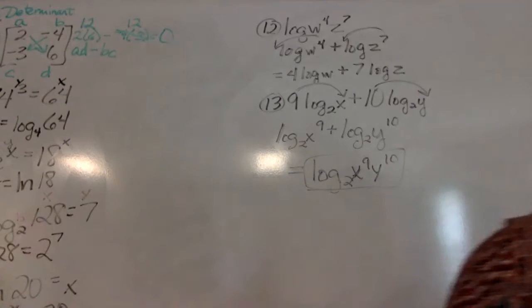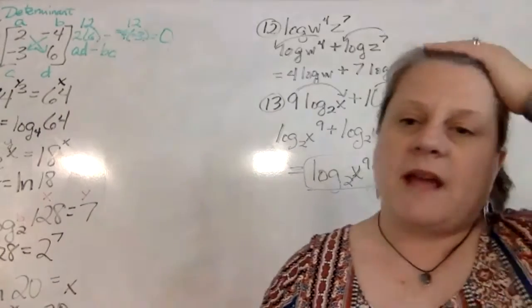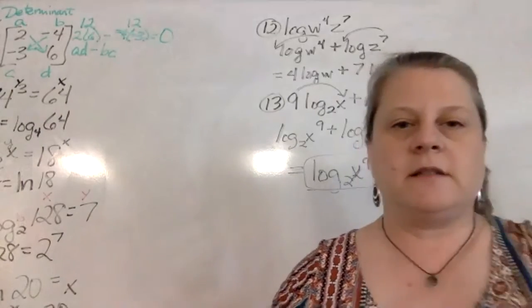Okay. Now, for the test, let's see, covered that. The next part that we're going to focus on is our trig stuff. And basically, remember with that, we had the 4 quadrants.